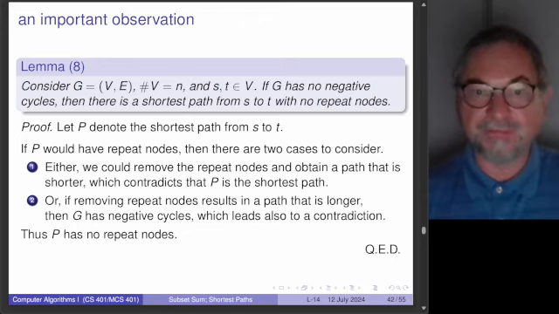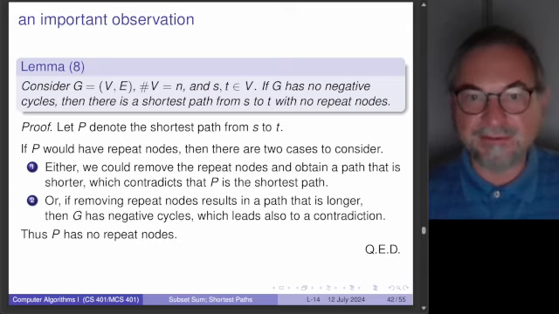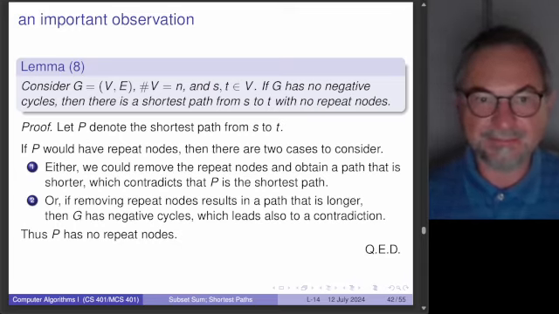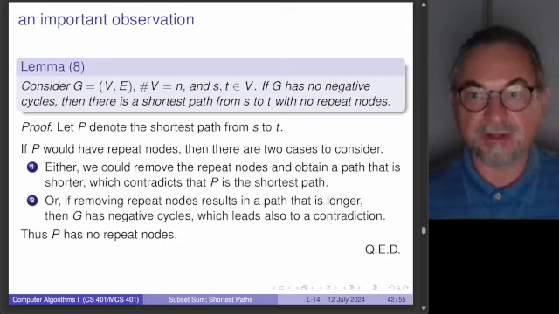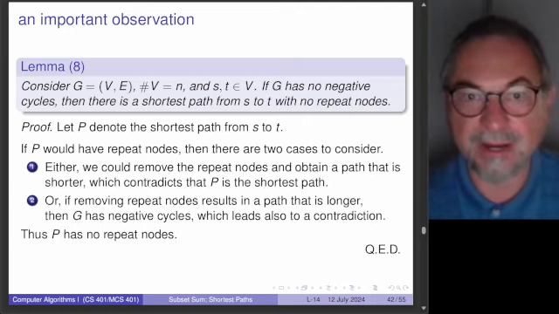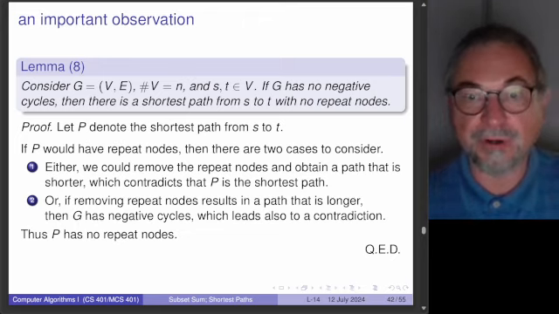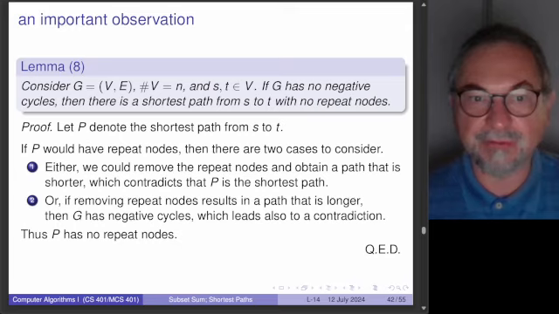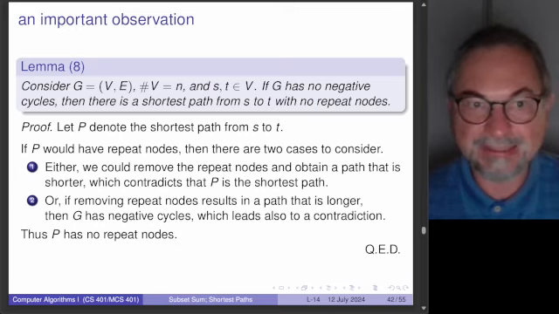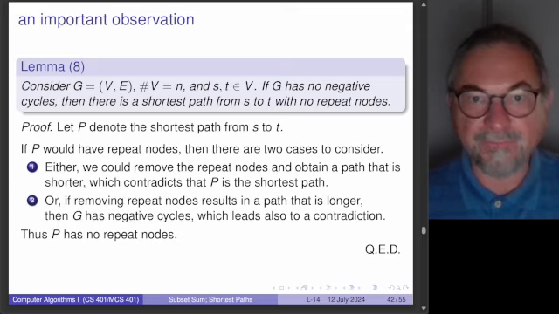In the other case, removing that cycle gives a path with larger cost, and then actually you have a negative cycle. We assumed that the graph has no negative cycles. Therefore, we arrive at a contradiction in both cases, and so if you have no negative cycles, there is a shortest path that has no repeat nodes.